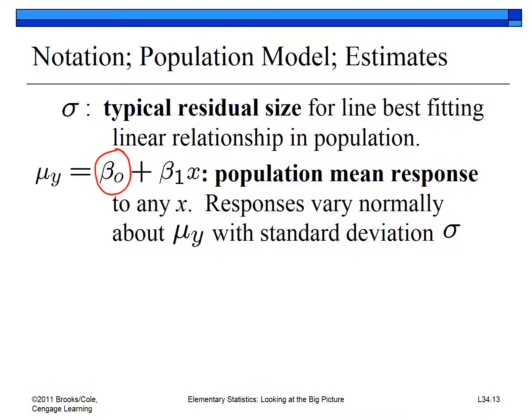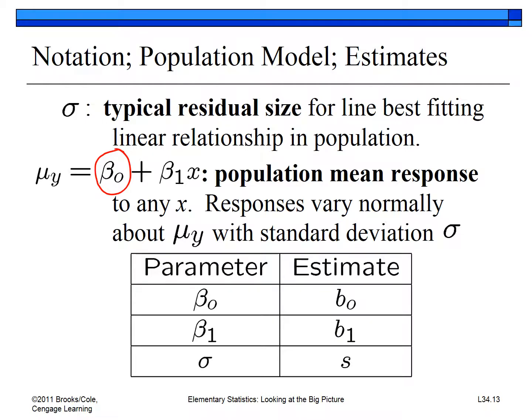So if we know what x is, we can plug it in, and that will give us a mu sub y. That would be the mean y value of all the responses with that given x value. The standard deviation of those responses with that corresponding x value would be sigma.